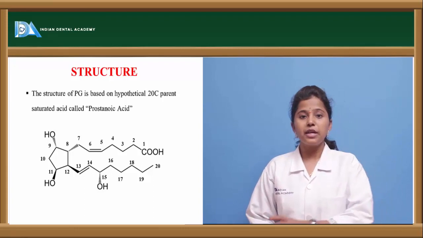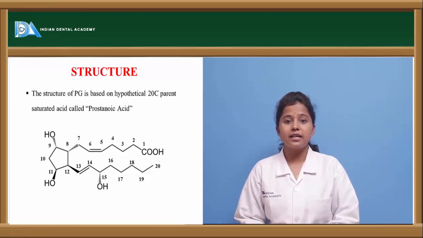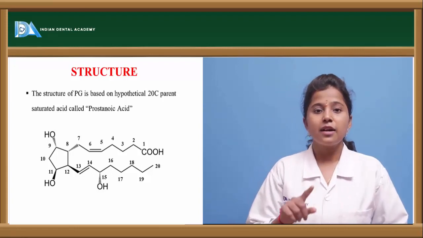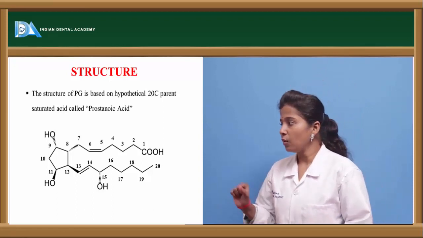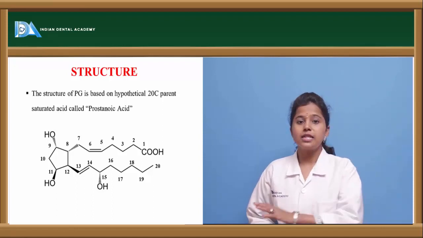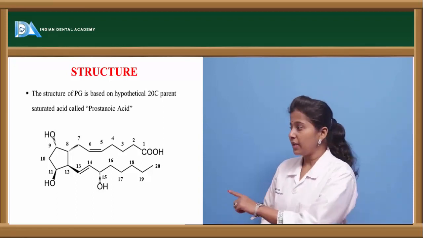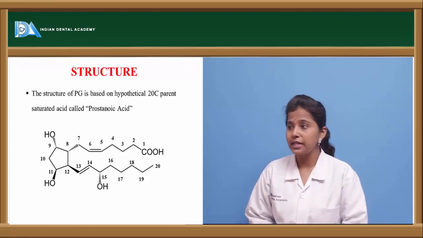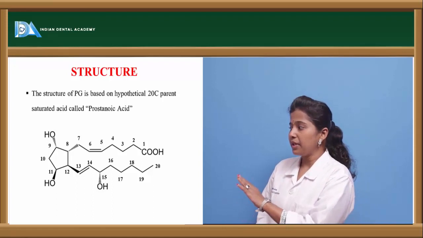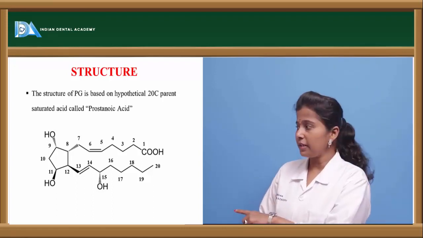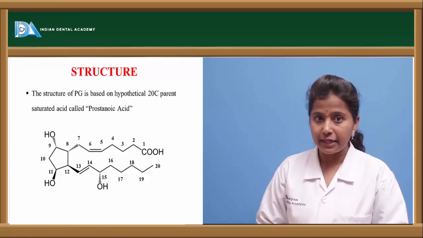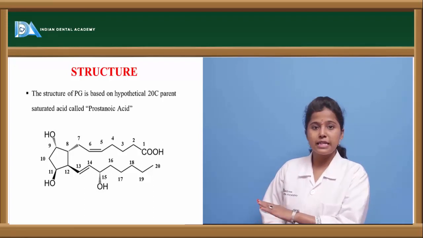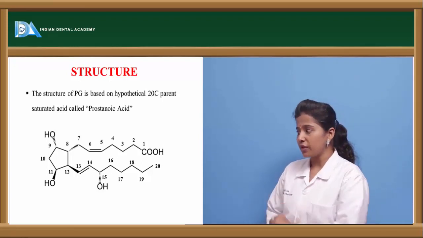So, I told you that prostaglandins contain a pentanoic ring, that is a 5 carbon ring, along with a side chain. This is a 20 carbon structure, and we can see that the hydroxyl groups are present on the 15th, 11th and 9th carbon atoms, and a carboxyl group, that is the COOH group, is present on the first carbon atom.